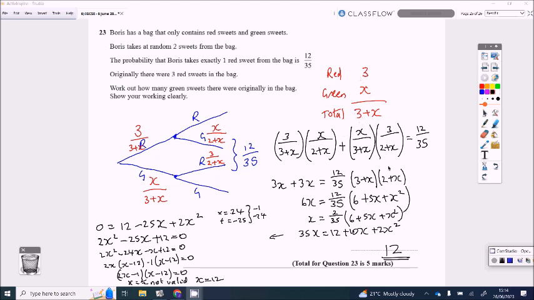It's a very similar method, but if your starting assumption was to let the number of greens be x, so our total being 3 plus x, I've got the solution here explaining how that works. Obviously you get the same answer of 12. It doesn't matter which method you've used, whether you let x be the number of greens or x be the total.